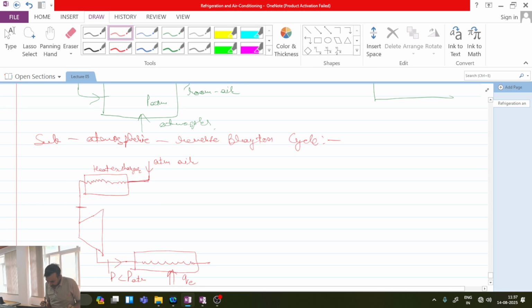Then this air, partly I will be taking heat from the refrigerated space and partly I will be taking heat from this air to cool the atmosphere. And after that I will be passing it through a compressor.